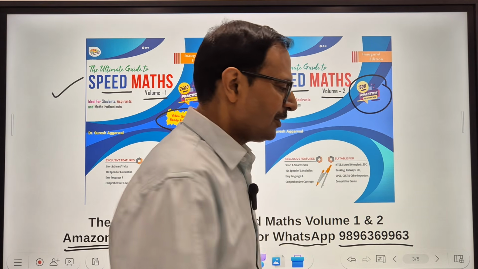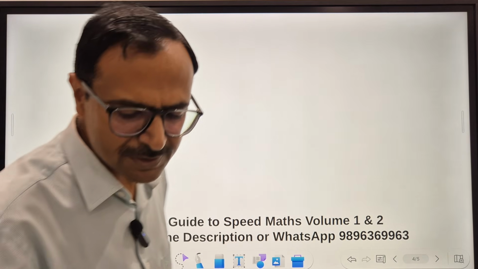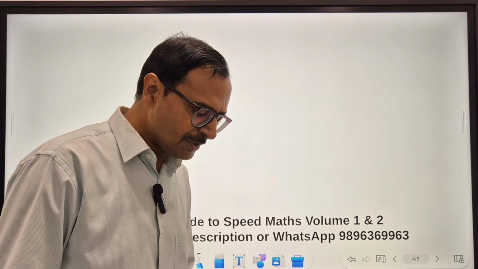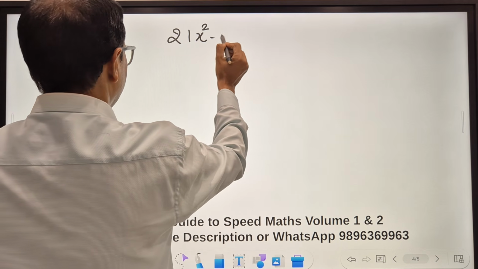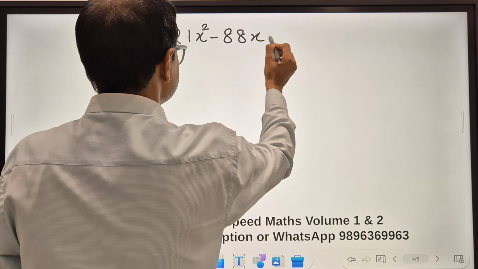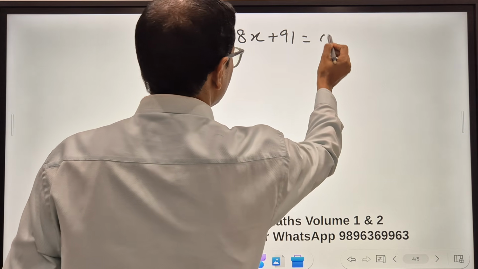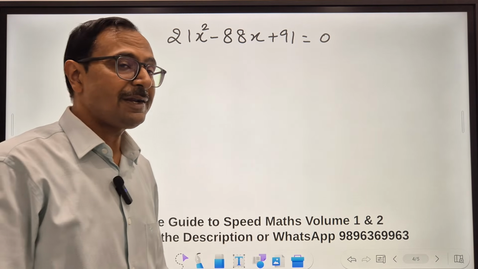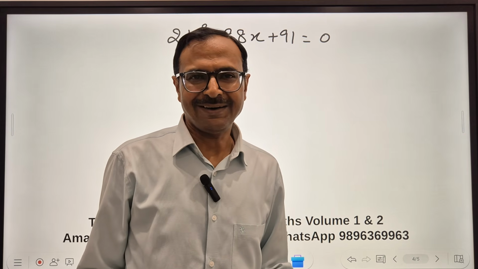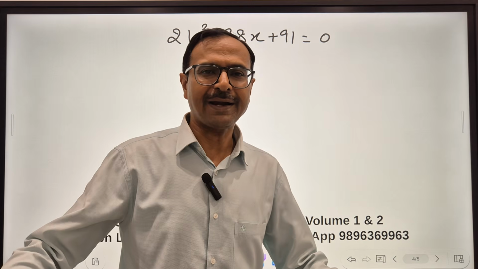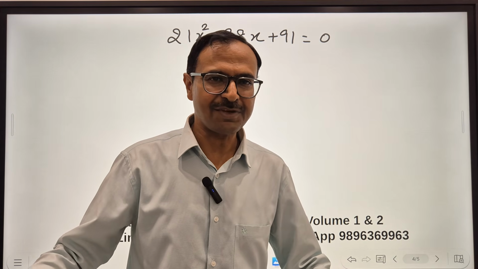So friends, let's have one more question and let's see whether the method actually works or not. For that, I am taking the example of 21x square minus 88x plus 91 equal to 0. Look at the coefficients, 21, 88 and 91. Who will not get scared? I think hardly anybody will crack it in 5, 10, 15 seconds.